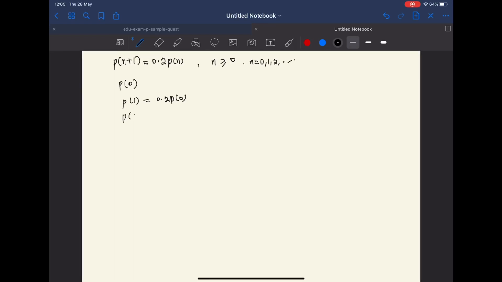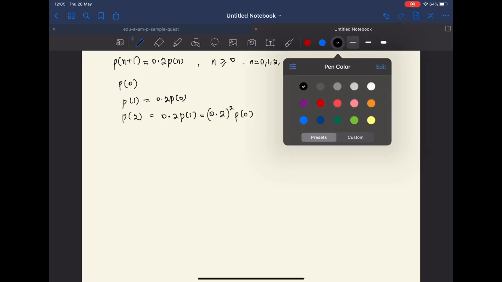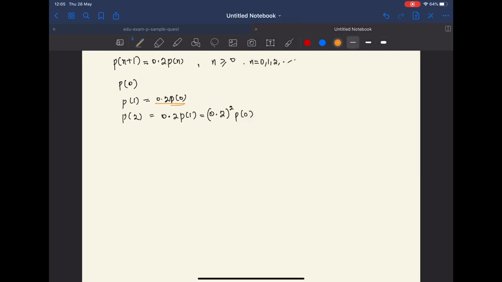P of 2 becomes 0.2 p of 1, which is the same as 0.2 squared p of 0, because we know here that p of 1 is 0.2 p of 0. Okay, so the same happens with p of 3, and that gives us 0.2 p of 2.